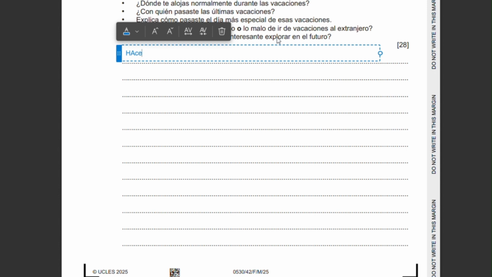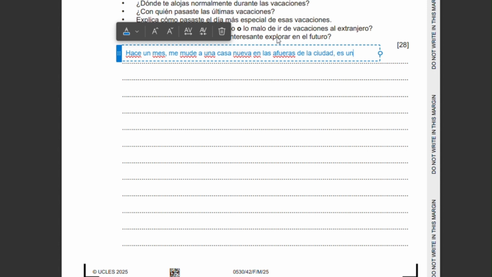Hace un mes me mudé a una casa nueva en las afueras de la ciudad.